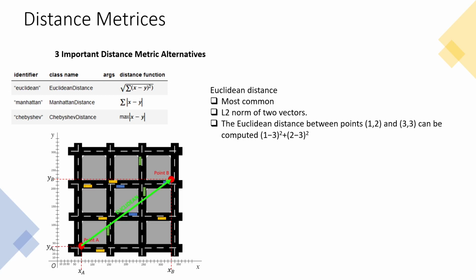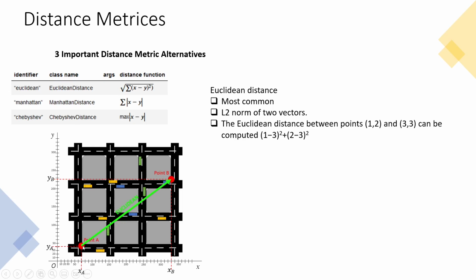The Euclidean distance is the most common distance. That's basically the L2 norm of two vectors. It is sometimes called the flying distance as well, because it's the shortest distance between two points in 2D or 3D. If you have a city block, let's say these are the roads. If you had a car, you would need to pass along these roads, right?